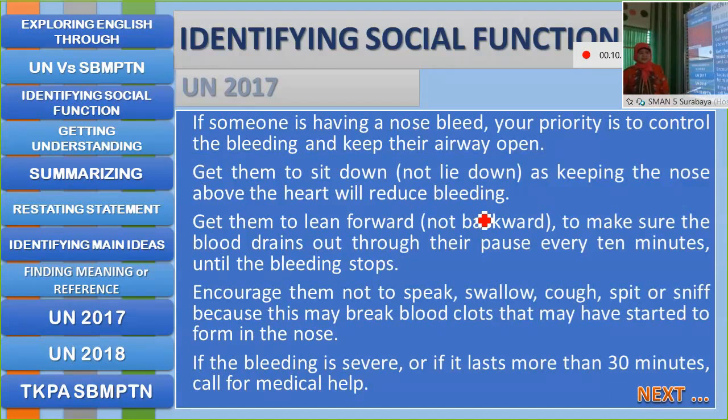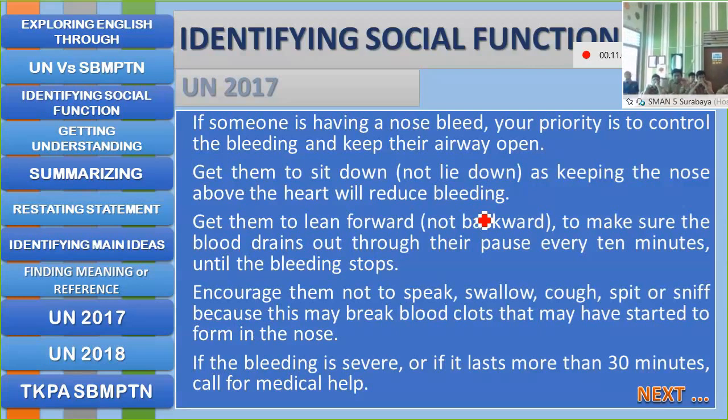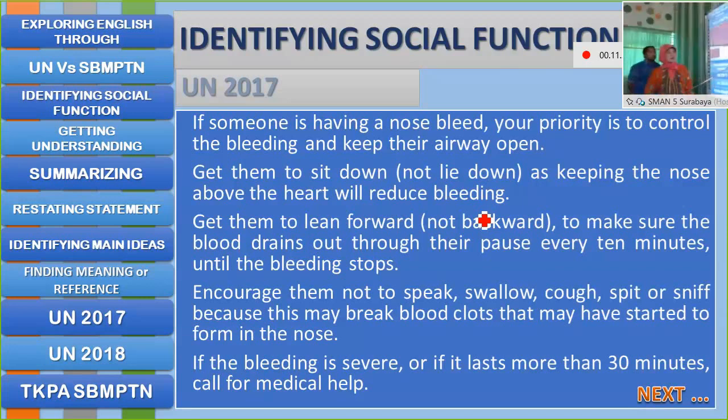Procedural text. Good. But what do you think of the real procedural text? As far as you know, procedural text is sometimes written as a series of instructions. But this text is also procedural text. And when the test is asking to identify social function, the problem will be as follows.